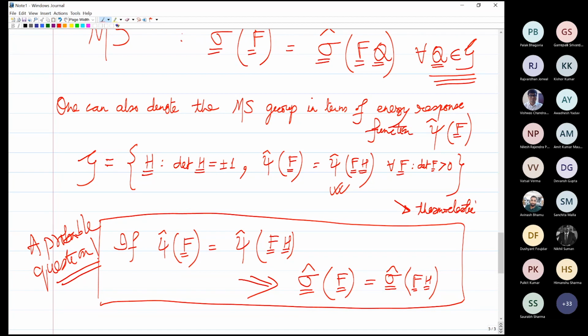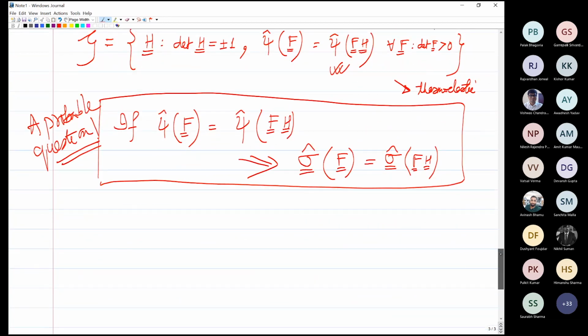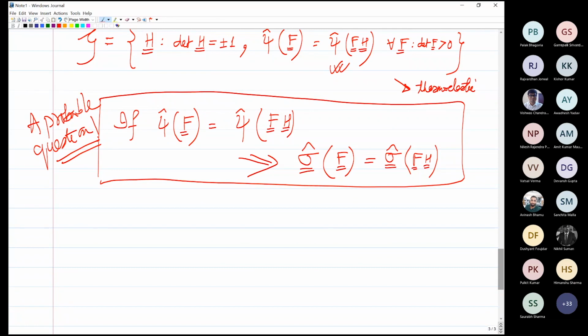Okay, for thermoelastic material, how are the two response functions, sigma hat and psi hat, related? You already know this, isn't it? For example, can someone tell me how sigma hat is related to psi hat using the entropy inequality? Rho naught times del psi hat by del F. First Piola-Kirchhoff, yes, this is for P. Thank you.